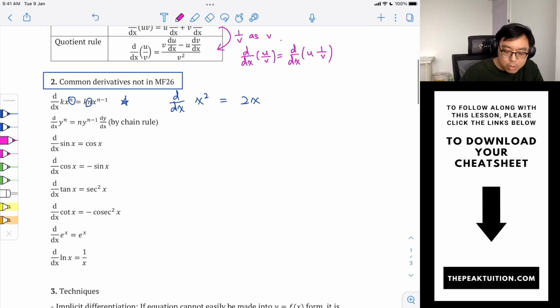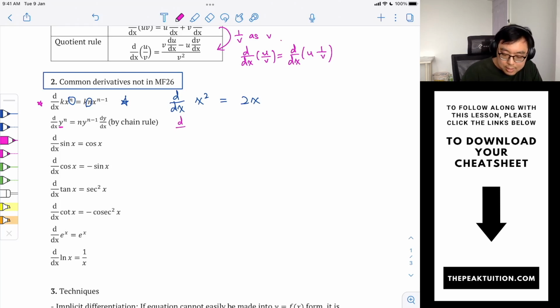Let's go through some of the common derivatives. First, we already talked about this basic one, where we differentiate a polynomial term kx^n. But what if we are differentiating not x to the power of n, but a function of x to the power of n? Here we can apply the chain rule.